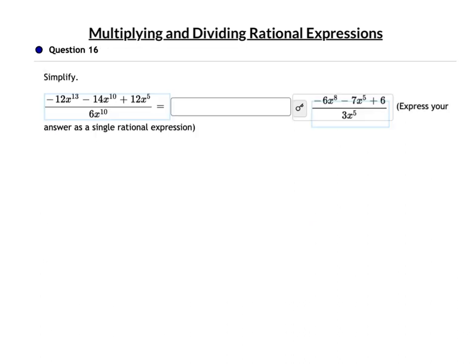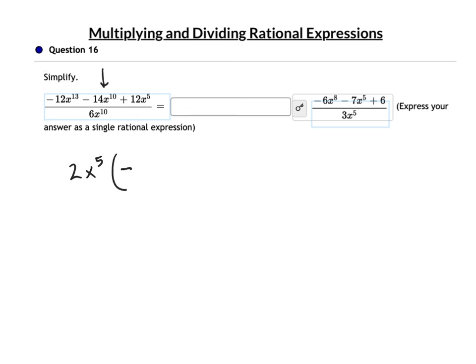This one looks different, but it's not. Factor, cancel. You'll notice that the numerator has a GCF, and you could take that negative out or not. It doesn't matter. I'm going to leave it be. The GCF appears to be 2. I wanted to say 12, but 14 doesn't have a 12 in it. 2x to the 5th.